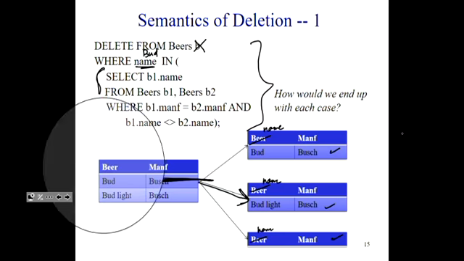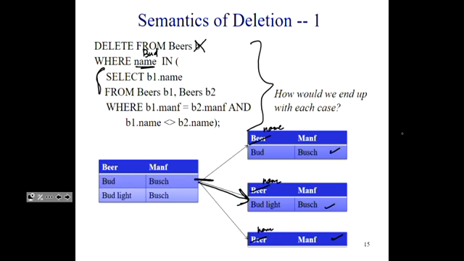Another way to execute this query would be you start with this tuple first, the Bud Light, check if the manufacturer for Bud Light sells multiple beers. Yes, it does, and so you would go ahead and delete this tuple. If you deleted that tuple, you will end up in this regime where you have Bud as the final result. Okay, so if you are sequentially processing and deleting tuples, you will end up with one of these two results.